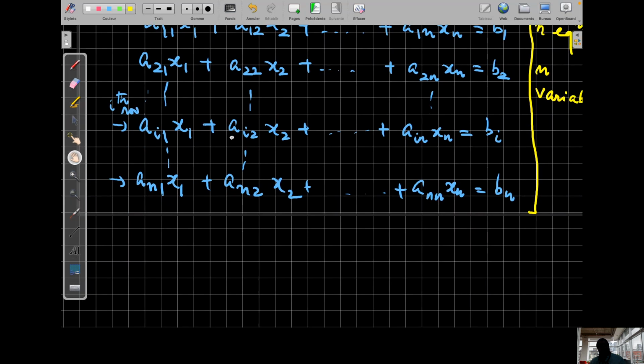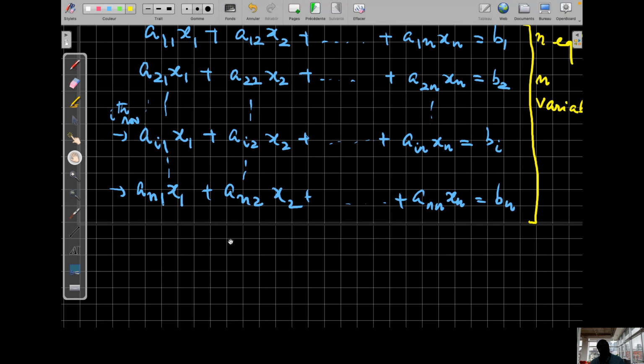Now, what we have to do is rewrite each of these equations in a new, better format. I am going to consider this a11 as the pivot element.